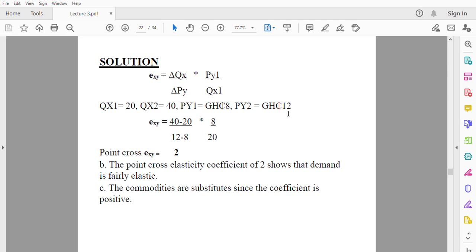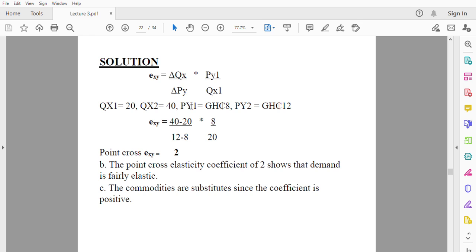If you should note very well, we didn't talk about the price change of X, all because cross price elasticity talks about the price change of the other commodity, what the result will be on the quantity demanded. So the price change of the other commodity results in a change in the quantity demanded of the commodity in question. So we put in our figures.